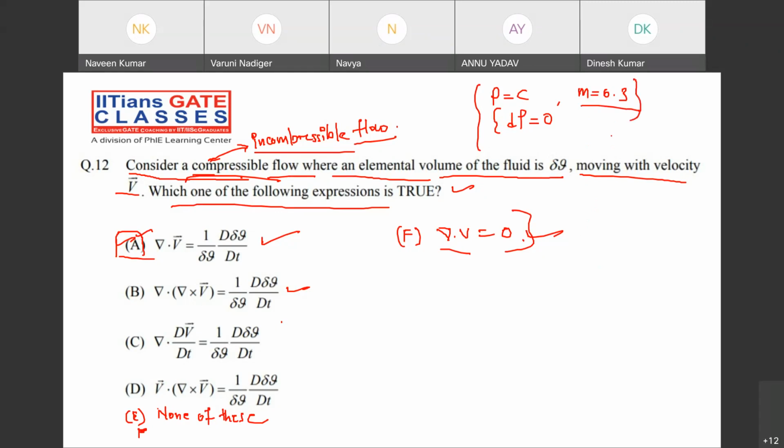In terms of density, the change of density should be less than 5%. Then only we assume the incompressible flow case. Now, can you tell me why F is the correct option?